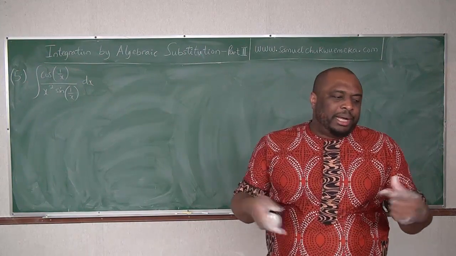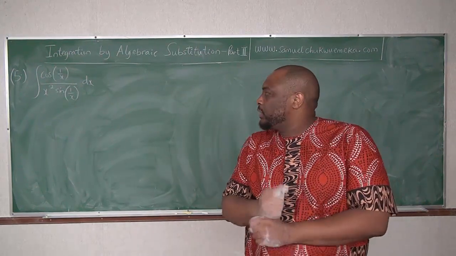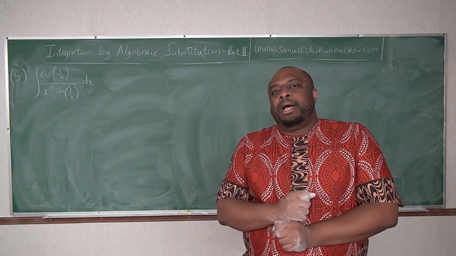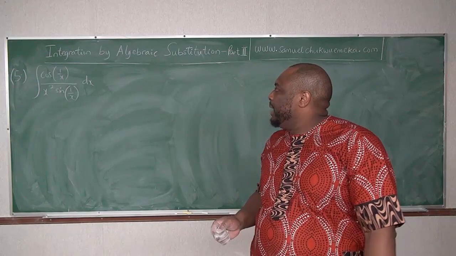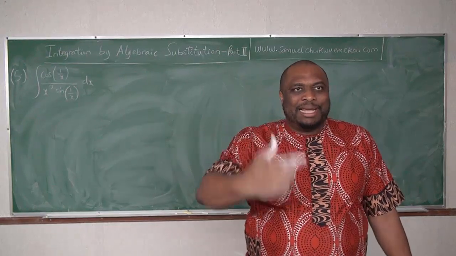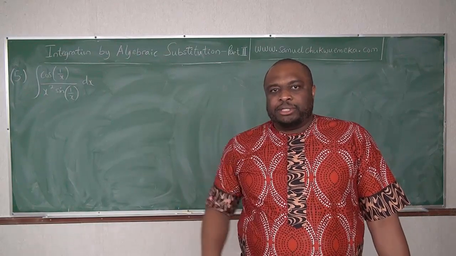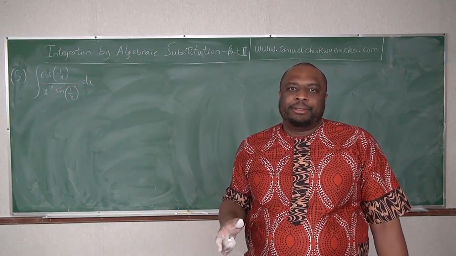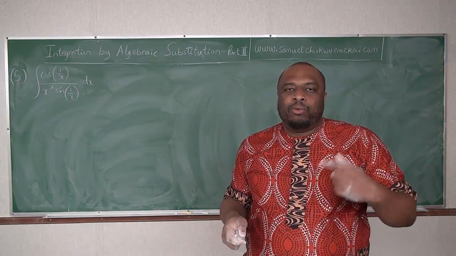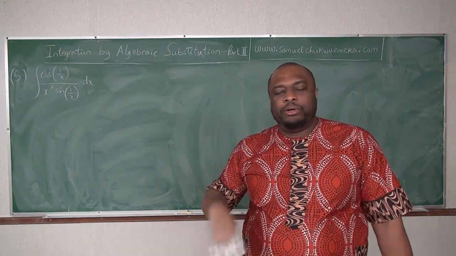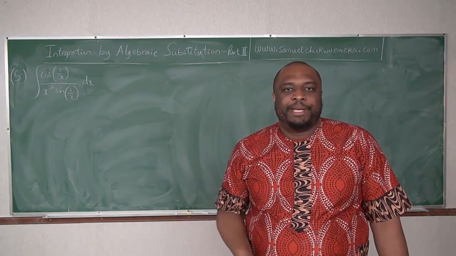Because of time, I would have loved us to do more trig, but just check them on my website. I just want you to understand the concept, what you need to substitute, and the way it works. That way, as you solve more problems, you will grasp it.